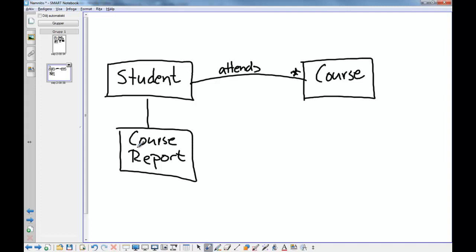So in our requirements, we have something saying that the student can get a printout of all the courses that he has attended. So, course report concept then. And maybe we could just say print.